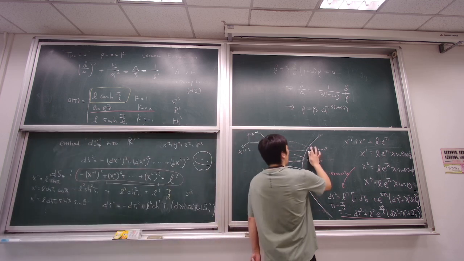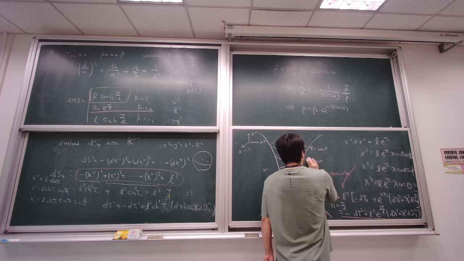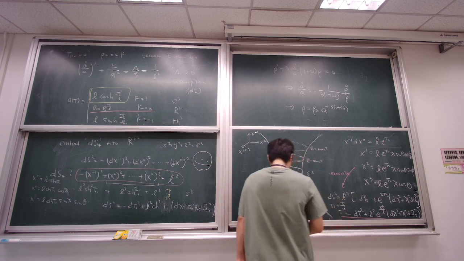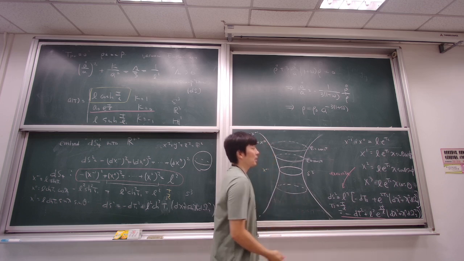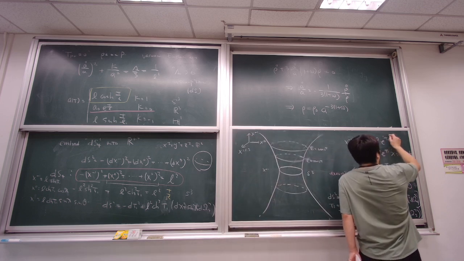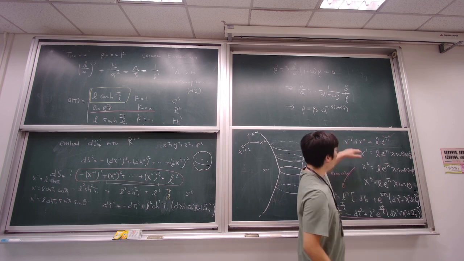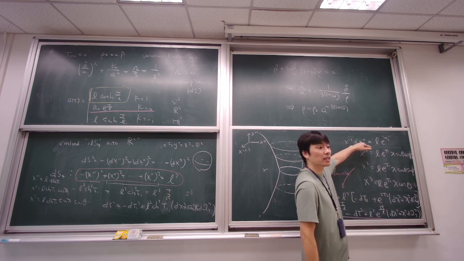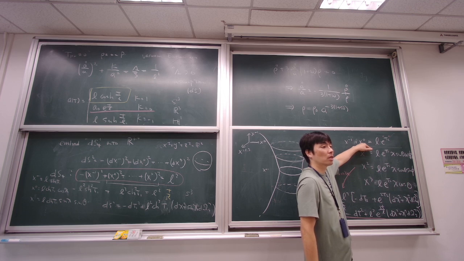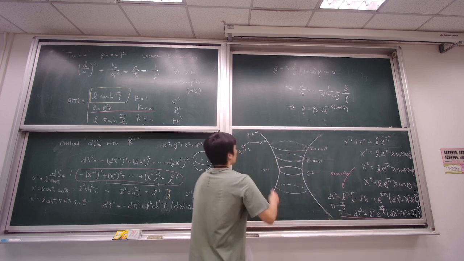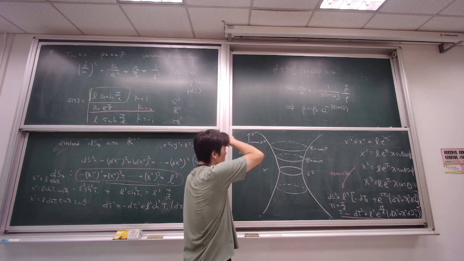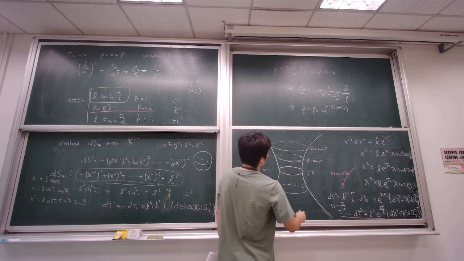Tau 1 is constant. But tau 2 equal to constant means that x minus 1 plus x0 is constant, okay? So therefore, x minus 1 and x0 being constant means that the surface really becomes like this way.